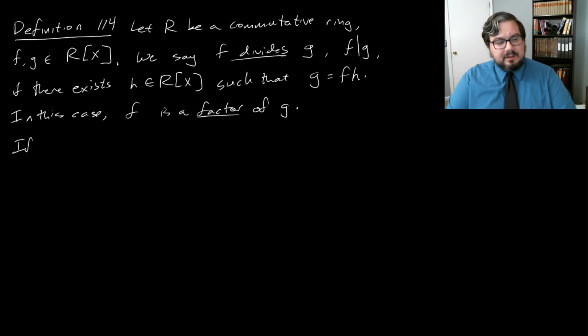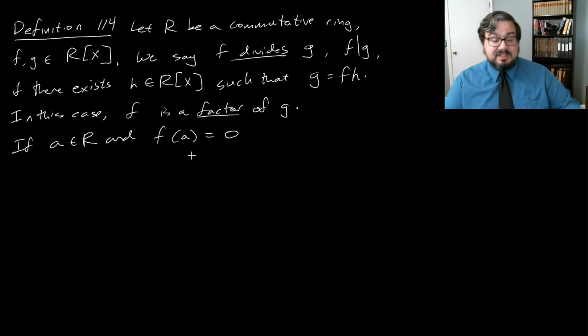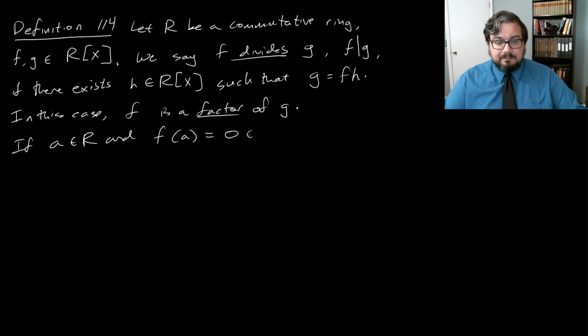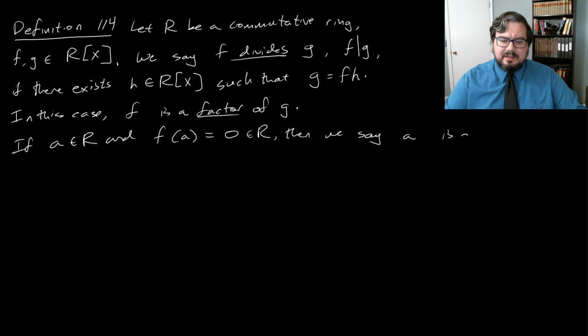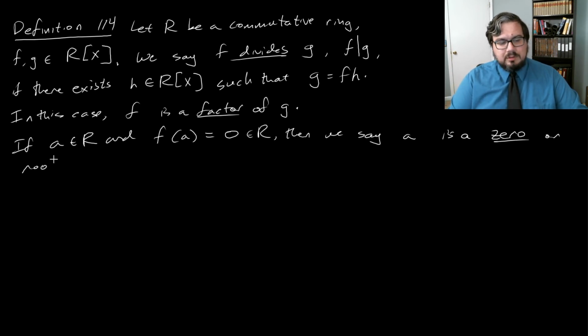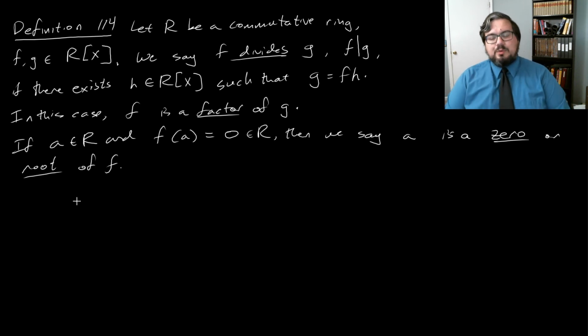And then finally, if A is an element of the ring and F evaluated at A is equal to 0, remember this is all happening in the ring, then we say that A is a zero or a root of F. Technically speaking, we should really only talk about roots of polynomials and zeros of functions.